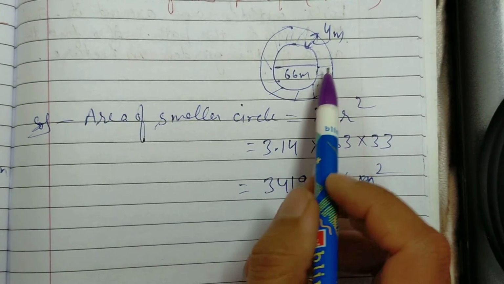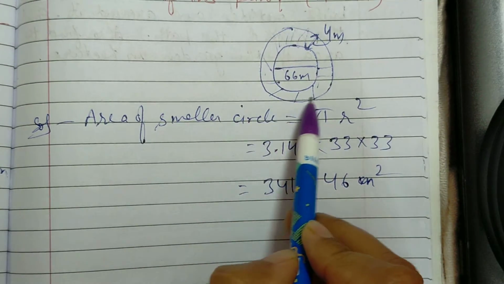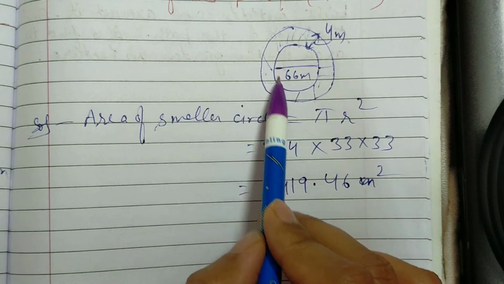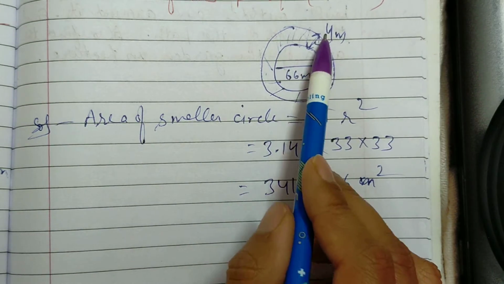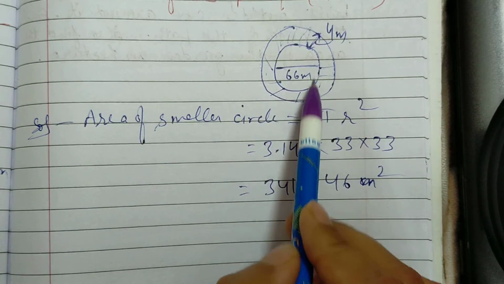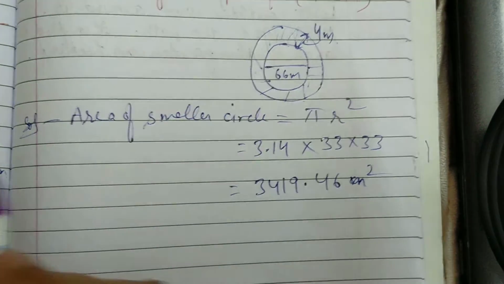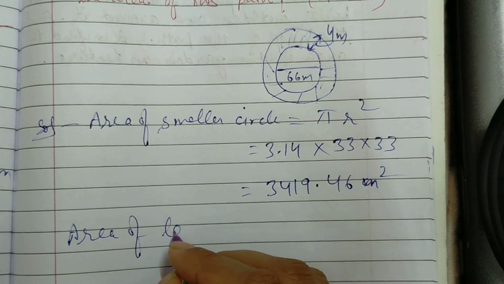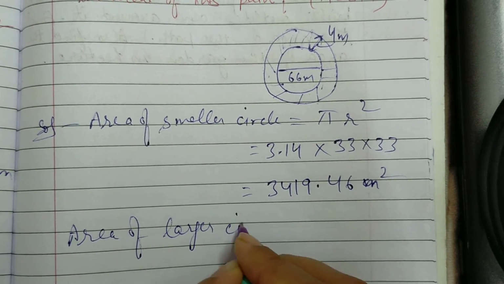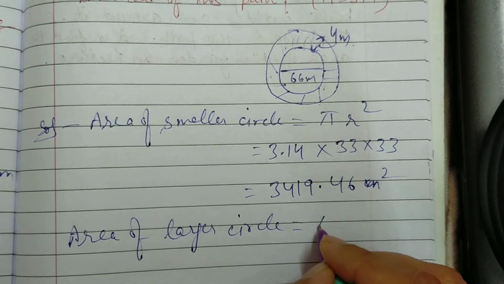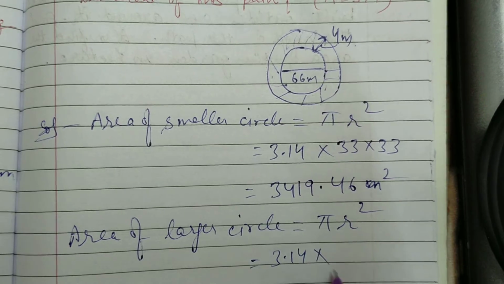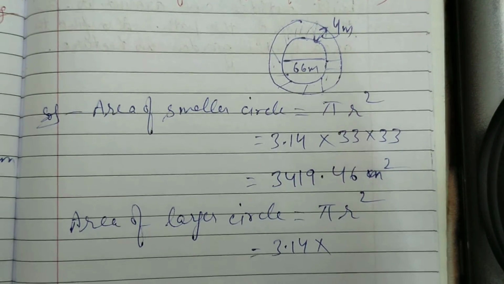Now we will find the area of the larger circle. We already found the smaller circle's area, and when we subtract, we will get the area of this path. Area of larger circle: again the formula is the same, pi r square, 3.14 multiply what will be its radius.